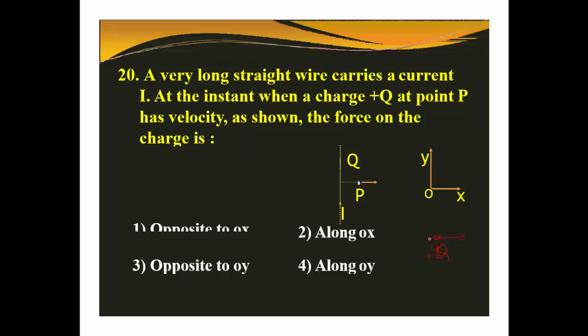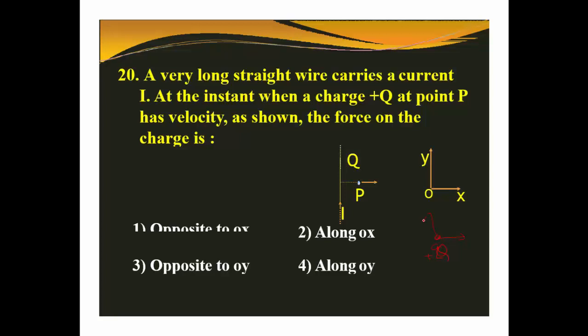When you take the inward magnetic field, you have to go for Fleming's left hand rule. According to Fleming's left hand rule, the forefinger gives the magnetic field, the middle finger gives the direction of velocity, and the thumb gives the net force acting.